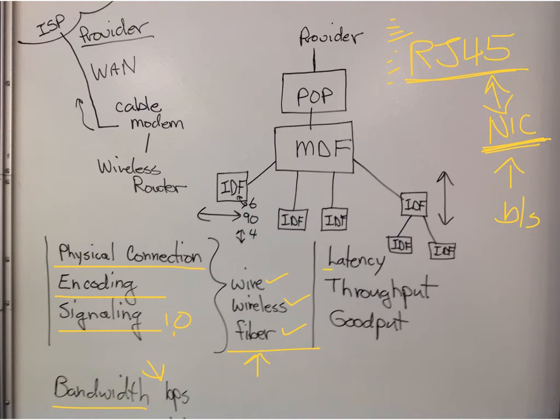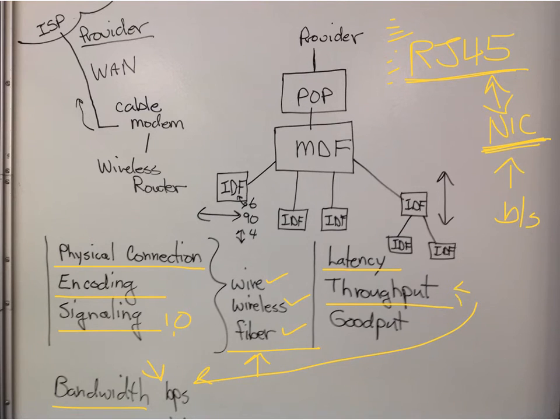Now, as the traffic moves through, there will be some latency between switches and routers and so forth. It takes some time for the intermediate networking equipment to move it through. So the actual amount that gets pushed through is called throughput, which would typically be less than the bandwidth.